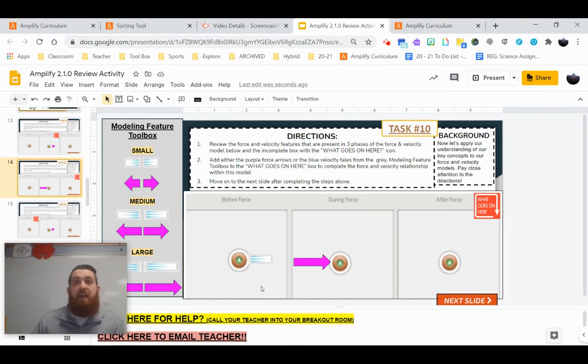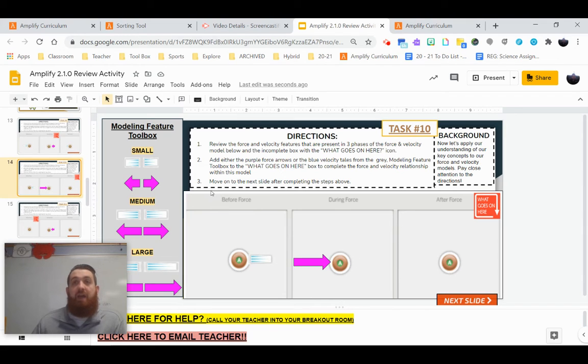So for task 10, you had the before and during done, but what goes here after is obviously what changed. So in here we have a before force, okay? And the velocity is a medium velocity going to the left, and then we had a larger force going to the right. So we have a medium velocity going left and a large force going to the right.